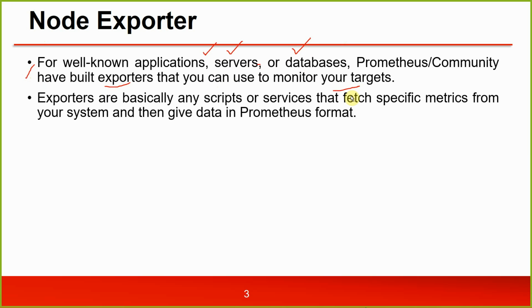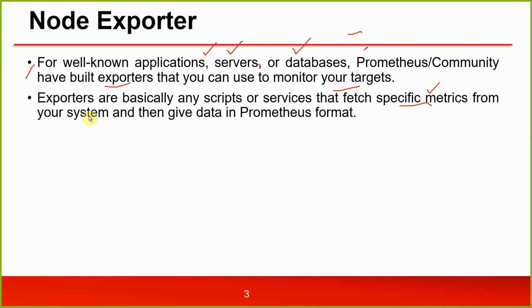Exporters are basically any script. That's precisely what I was trying to explain in the morning. They are a binary program, C language program or shell script or anything. So any script or any service that fetches specific metrics of your interest, so you develop your own.